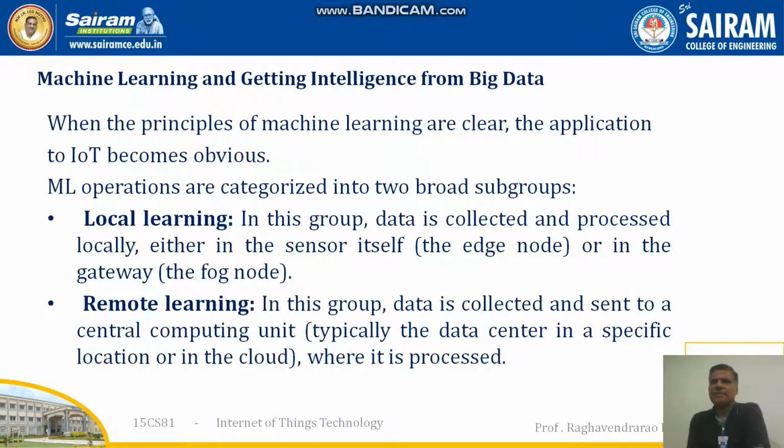Then the other concept, the other learning, is remote learning. Here the data is collected and sent to the central processing unit, or we can say the central computing unit. The data is stored in the cloud, where it is processed. An example for this is vehicle tracking.